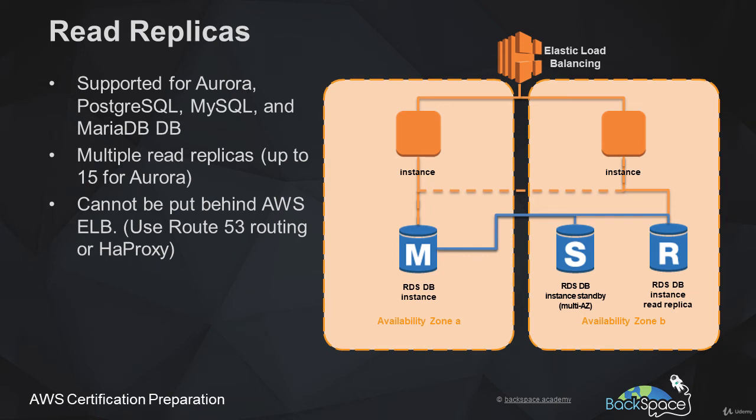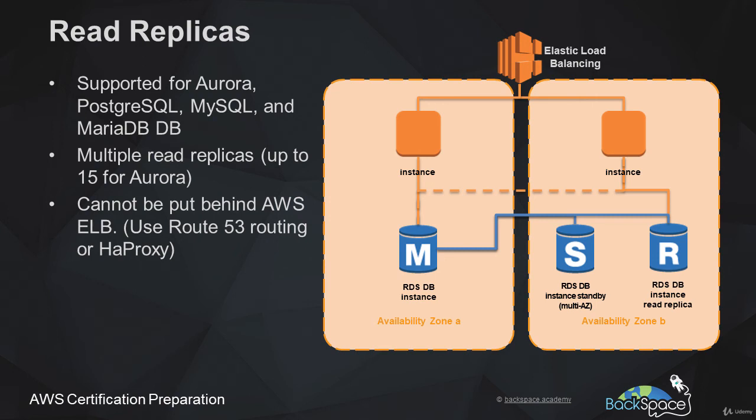So there are a number of things that you can do if you wanted to direct traffic to one endpoint and have that routed in the same way that Elastic Load Balancer would. What you can do is use Amazon Route 53 routing. So you would set up a record for that endpoint, and then Amazon Route 53 could use weighted routing or whatever routing policy you would use to serve that traffic to the read replicas.